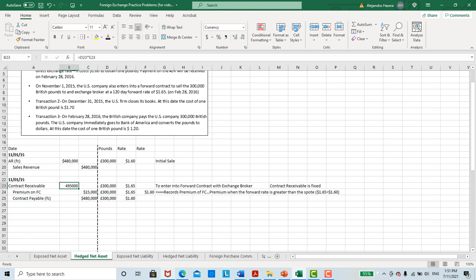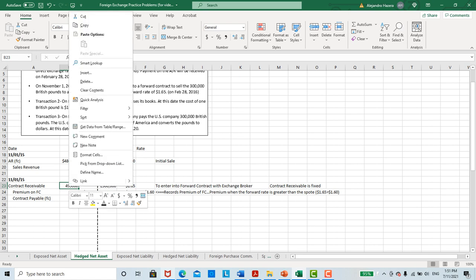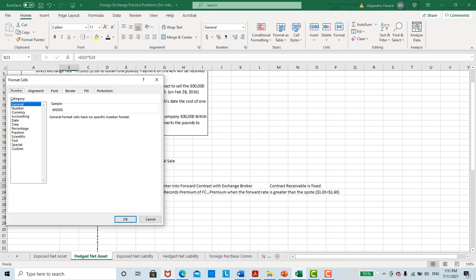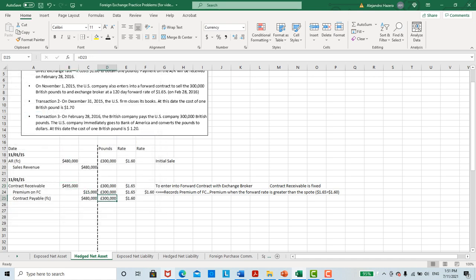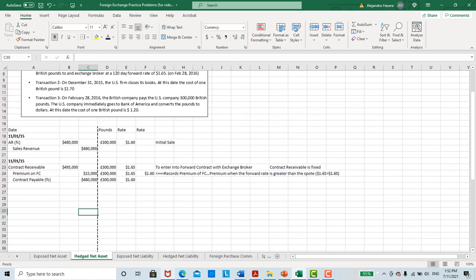But at least for the time being, your contract is fixed at $1.65, which you're going to get $495,000 on this contract. You will pay the exchange broker 300,000 units of foreign currency, and you really don't know how much these 300,000 units of foreign currency will be worth in 3 months. But you know they're worth $1.60 today, so you're coming out theoretically ahead by 5 cents for each one. And you'll see that we're going to actually amortize that premium here.